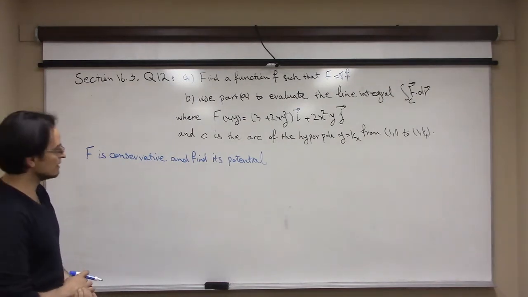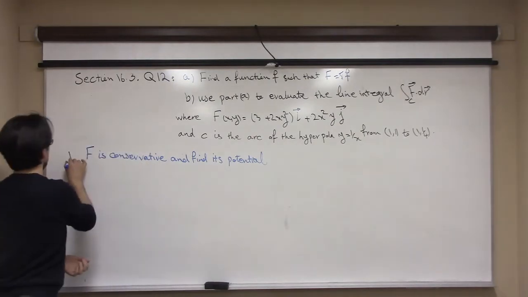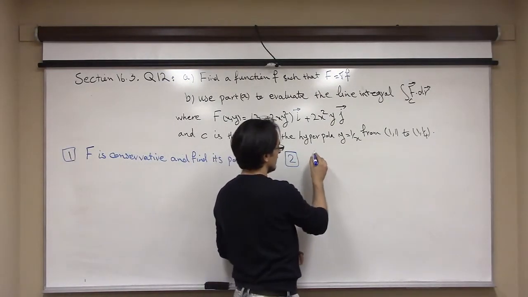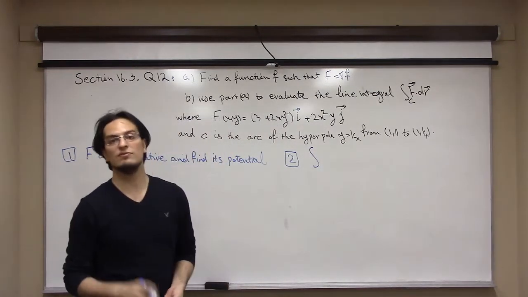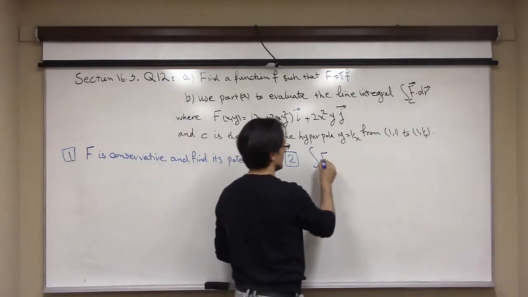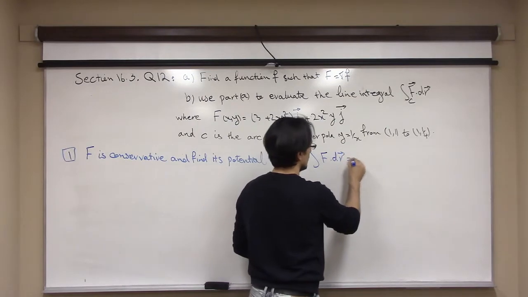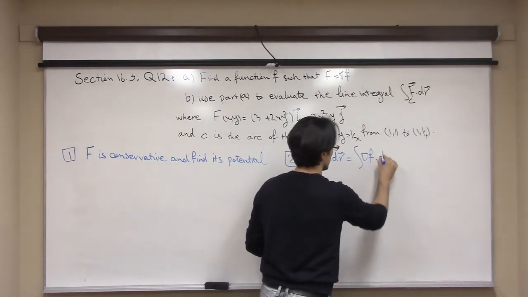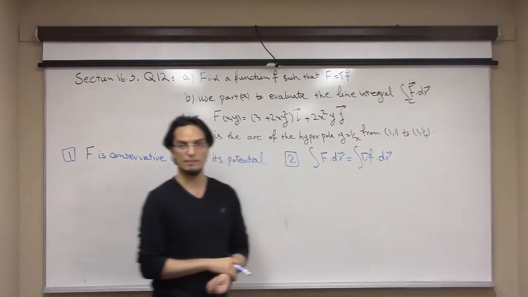And what is that? It is nothing but, for conservative vector fields, meaning vector fields given by the gradient of some function, so you can find the potential for that.